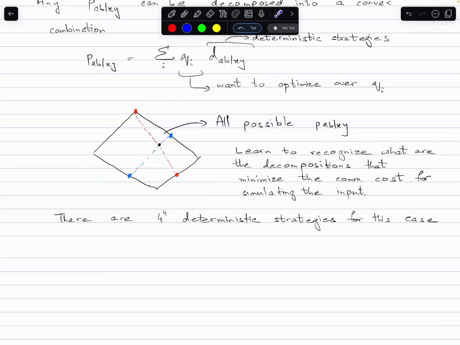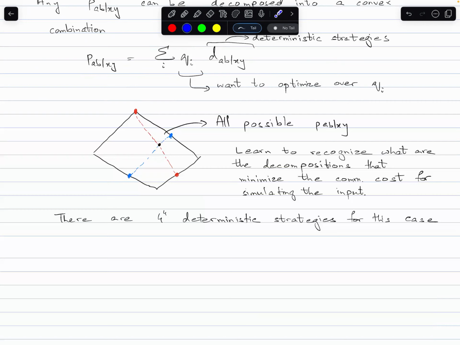The second thing is, given that I now get a vector that is close enough to P of AB given XY, what is the communication cost for it? That would be relatively easy, because for each deterministic strategy, you can think of the communication cost as basically being either 0, 1, or 2. 0 in the sense that it's a local strategy and there's no communication required. Both Alice and Bob can do it locally.